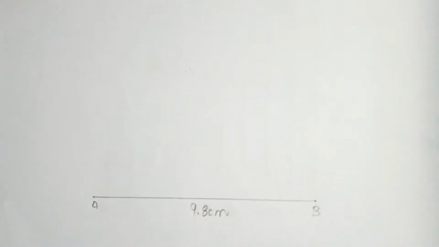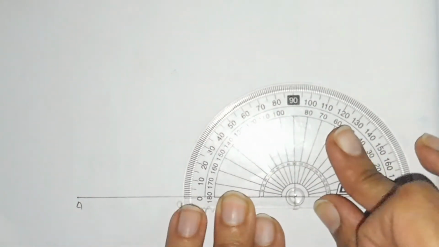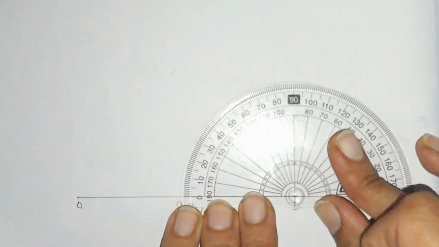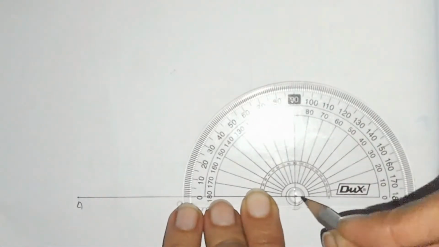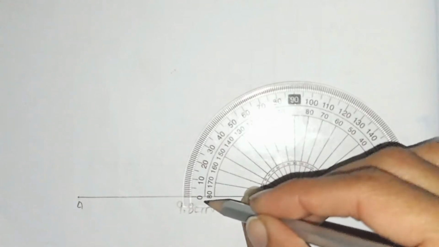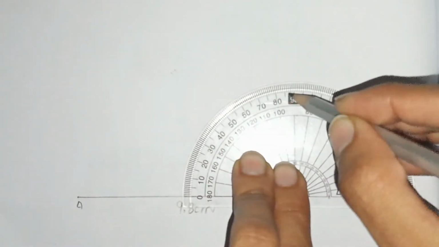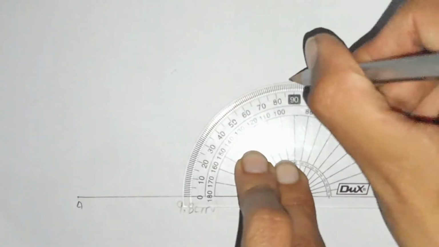This one. This is AB, 9.8 centimeter. And now students, at point B, draw the angle of 88 degrees. Put the protractor at point B, and which line is under that line, we take that as 0, and this is from 85, 86, 87 and 88.